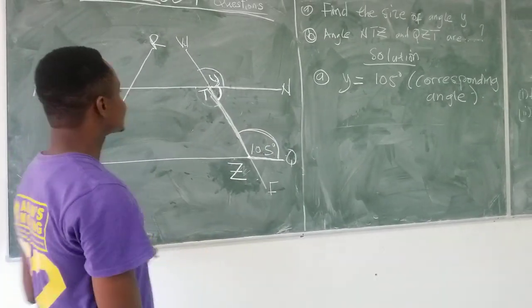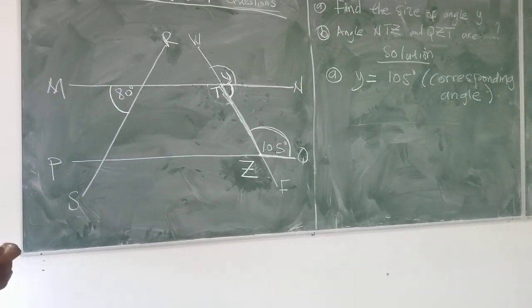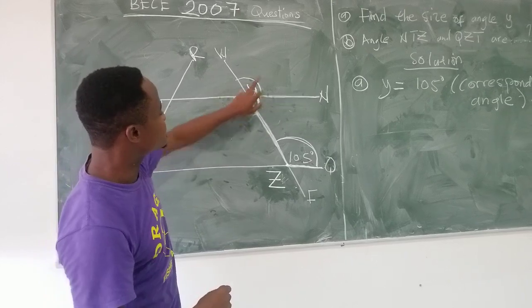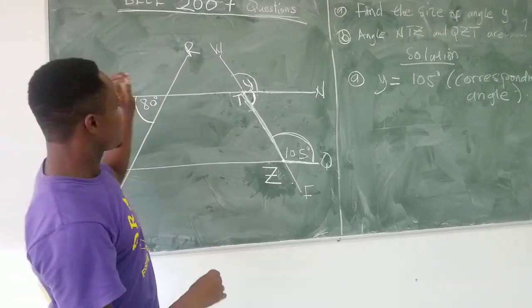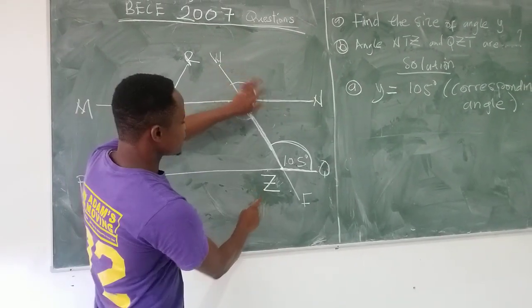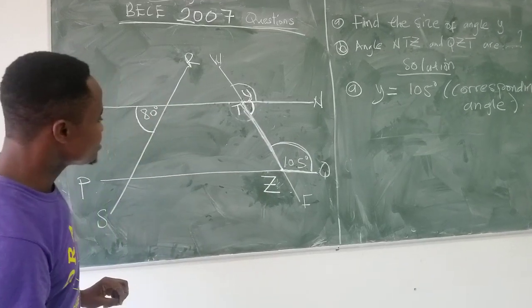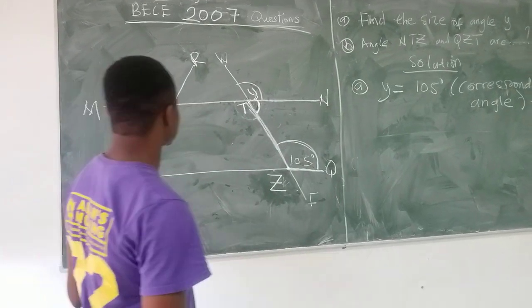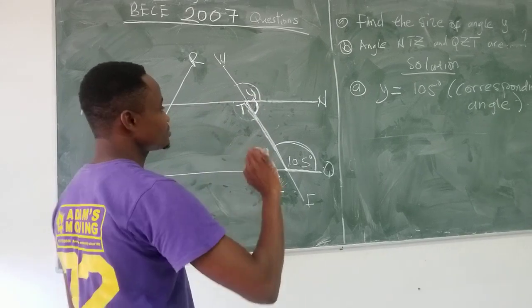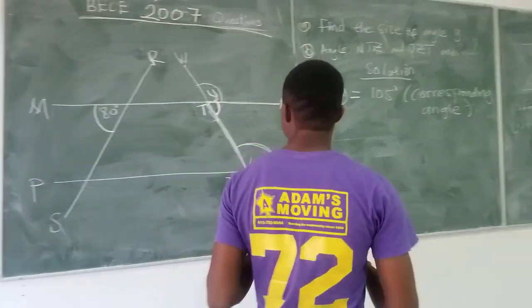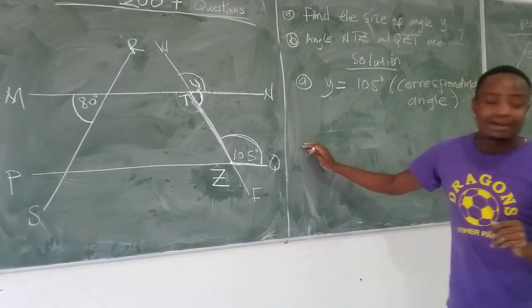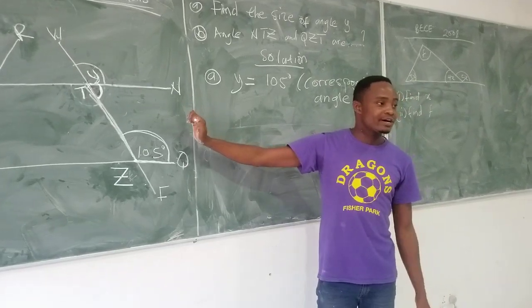So now we ask ourselves, what is this angle? We know that aside from opposite angles, we have a corresponding angle, this and that, and then alternate angles, that is the Z at the corner of the Z. We also have what we call co-interior angles.